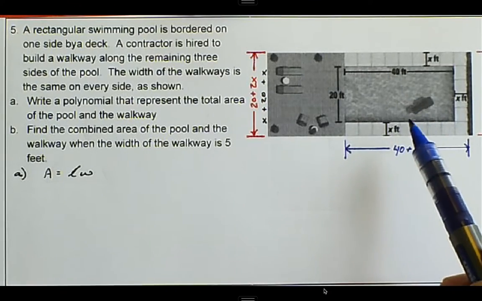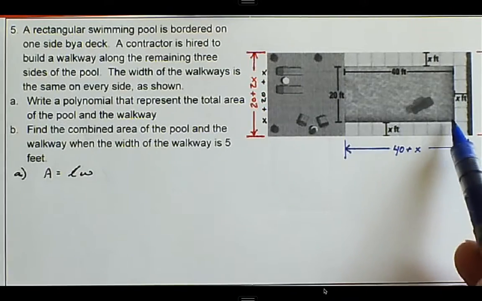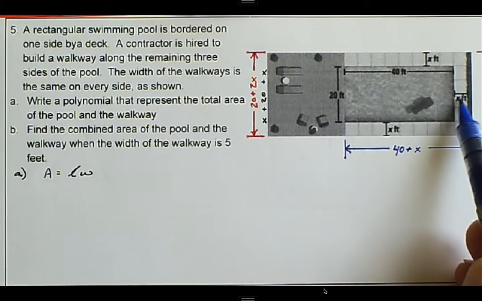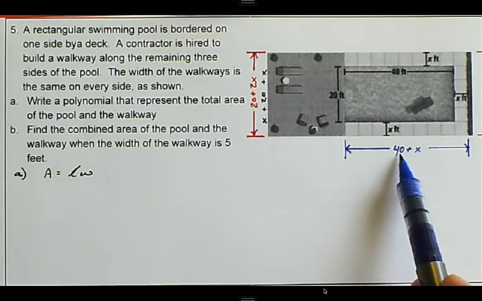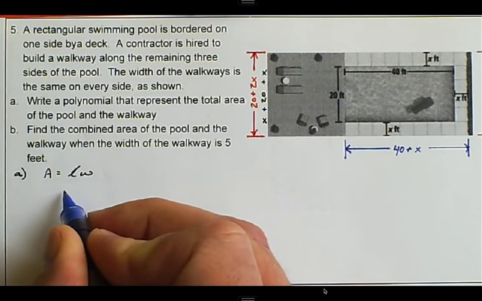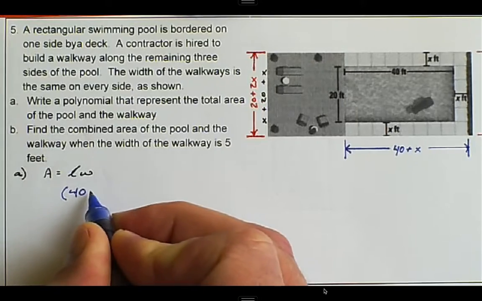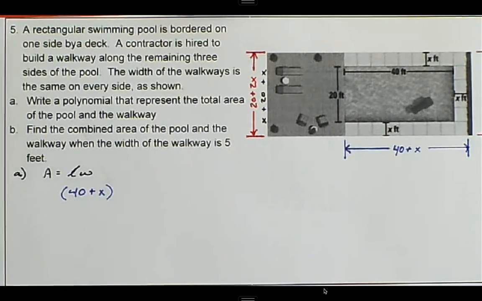So the length of this is the long side, and we know that this is 40, and then the sidewalk width is x. So the length of both of them together is going to be 40 plus x. And because we know it's multiplication, we are going to substitute this in using multiplication, so I have to make sure I use my parentheses.